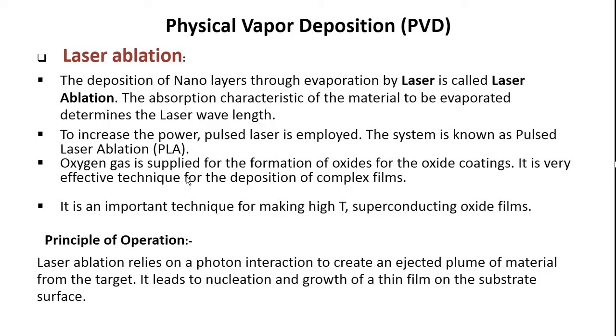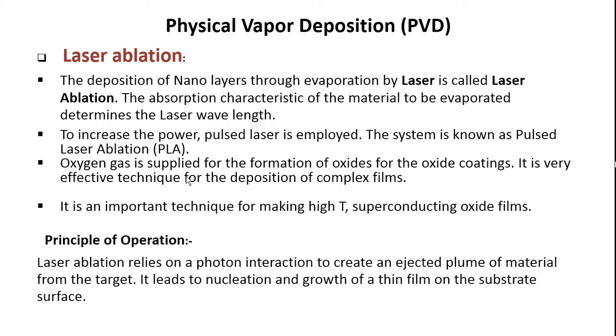Suppose complex films of nanolayers have to be formed. In such cases, it is better to use the laser ablation method. This method is an important technique for making high temperature superconducting oxide films. So if you want to produce high temperature superconducting oxide films, there also we will make use of laser ablation techniques. So what is the principle of operation of laser ablation?